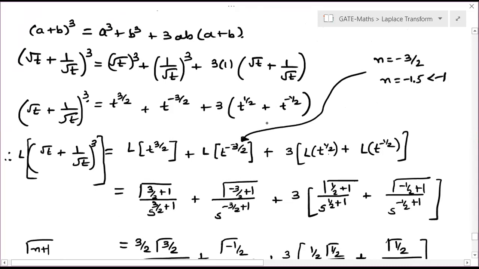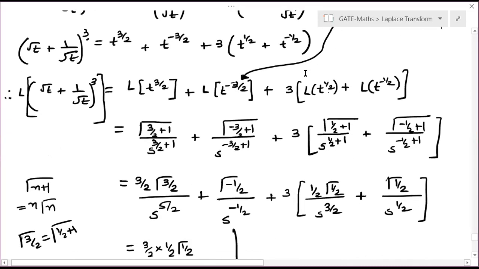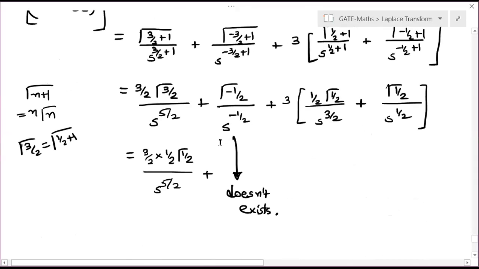And for Laplace, n should be greater than minus 1. If it is less than or equal to minus 1, it is not defined. Because of this only. Gamma of a negative value is not defined, right? Gamma is defined only for positive values. Okay. So gamma minus half is not defined.